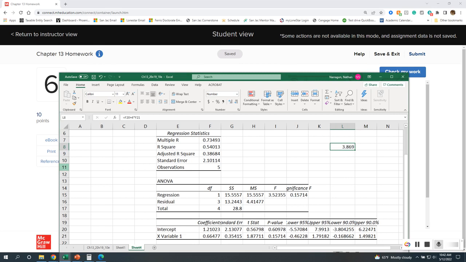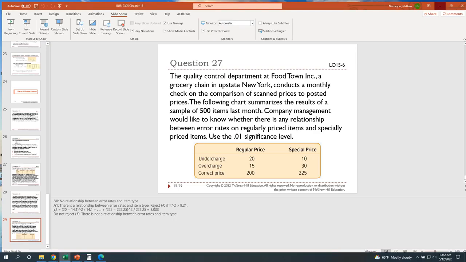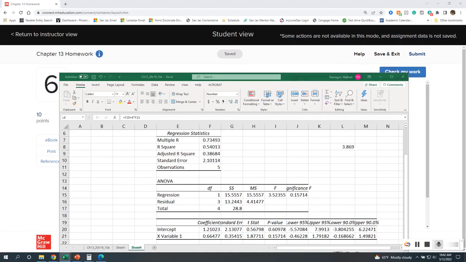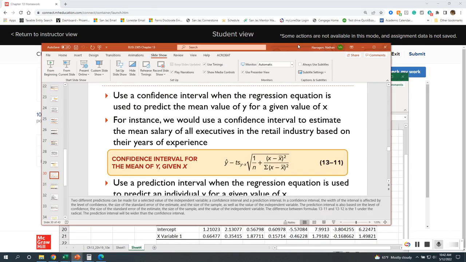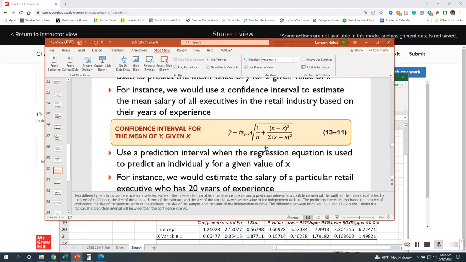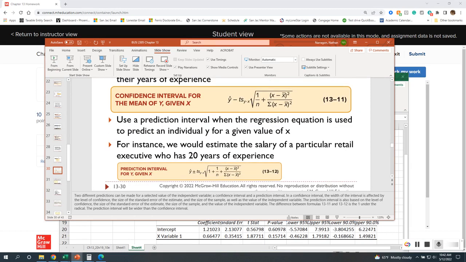Next, our formula. Oh, wrong PowerPoint. Here it is. So these are our formulas. Remember, the mean is this right here.